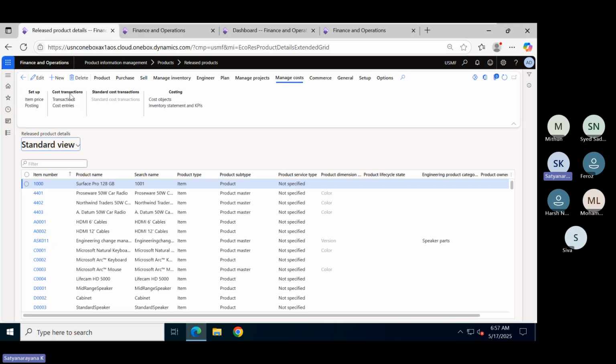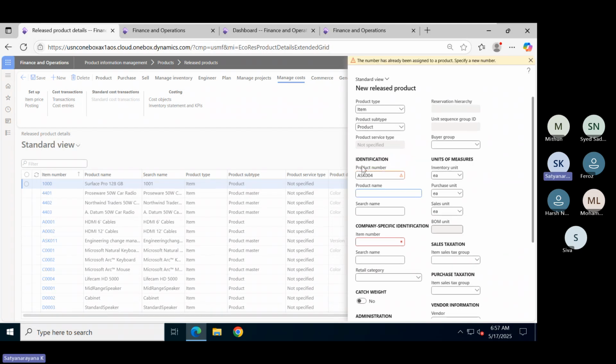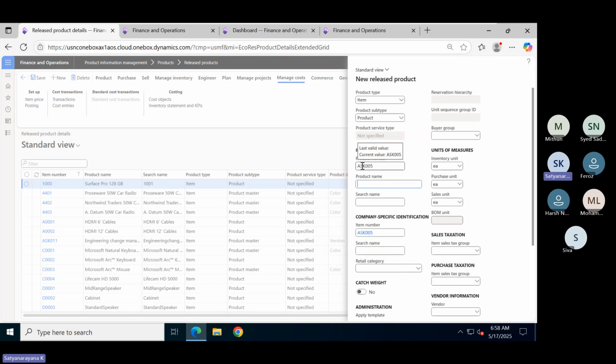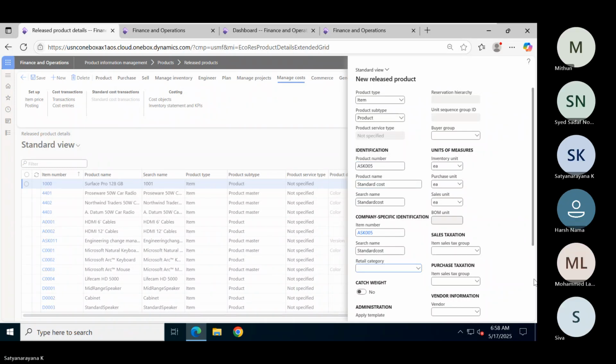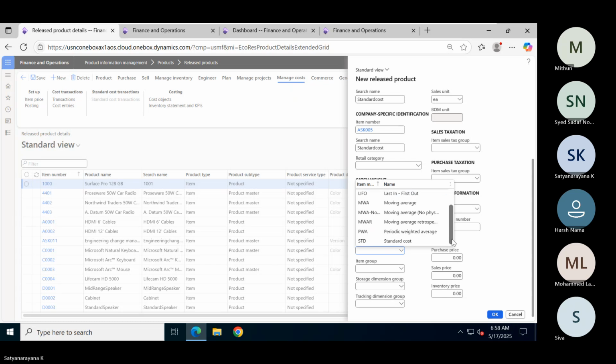I'm creating one item. 004 is available 5. I'm creating the name as standard cost method. So I'm selecting model group standard cost.